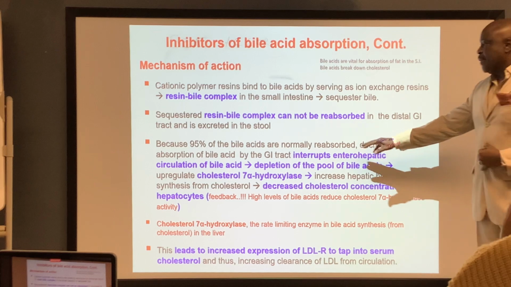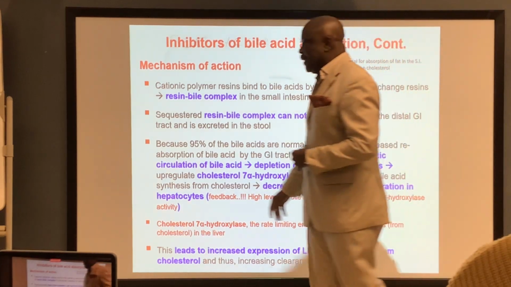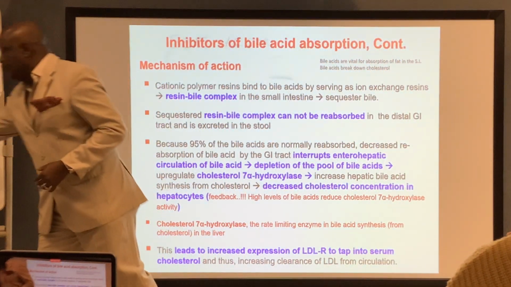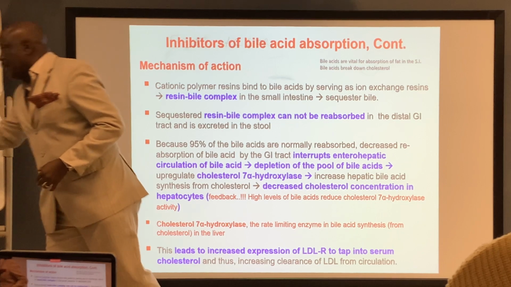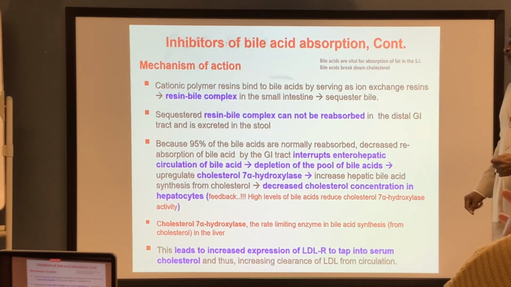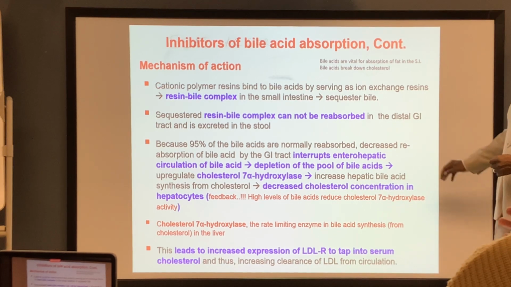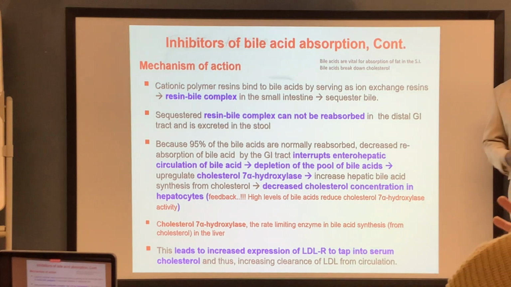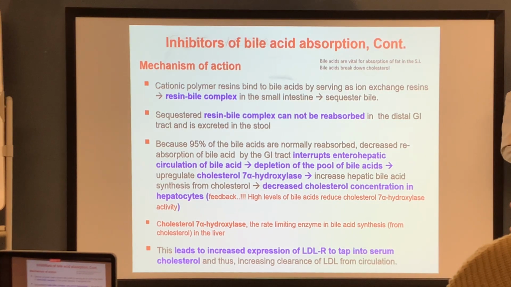Now, naturally, 95% of bile acids are reabsorbed. So when there's a decrease in the absorption of bile acid by the GI tract, it interrupts the enterohepatic circulation.